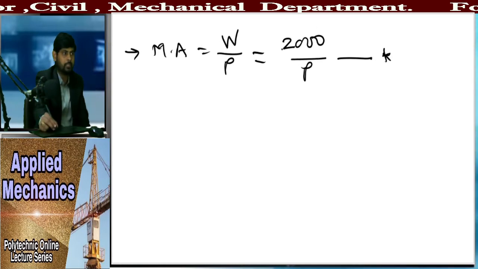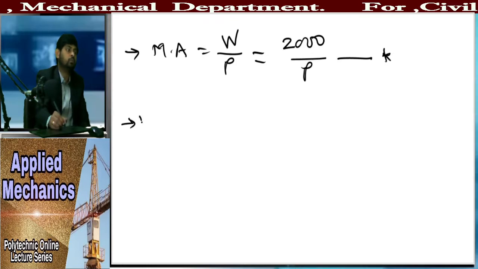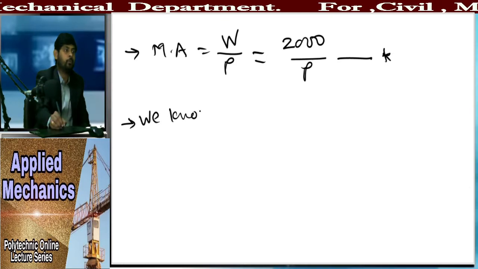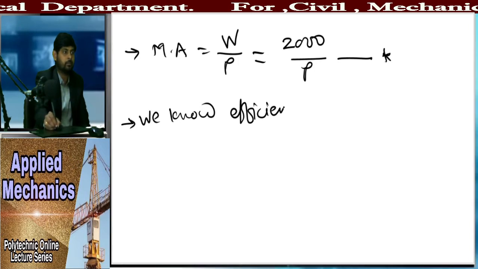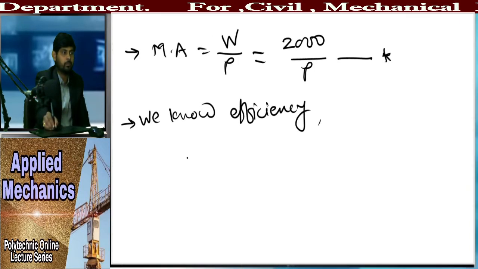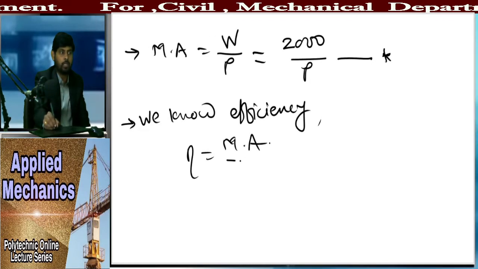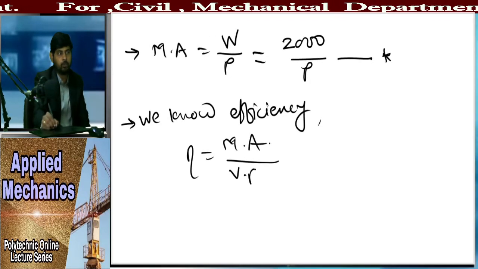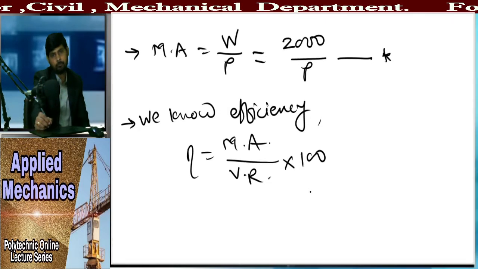We can take this value directly in our efficiency formula. The formula of efficiency is nothing but the mechanical advantage divided by velocity ratio into 100. We know this formula very well.